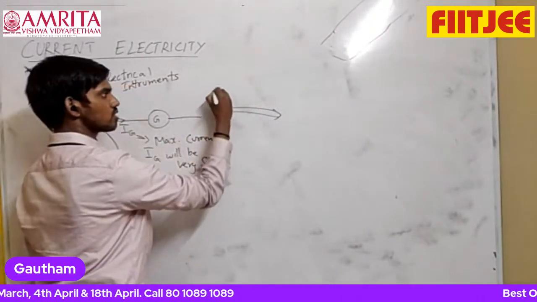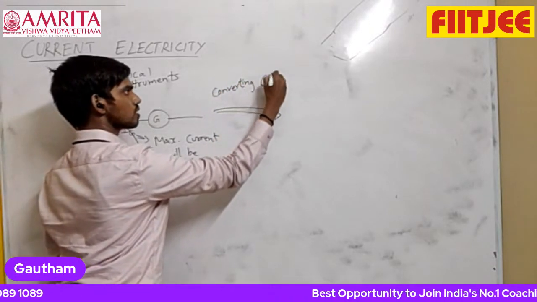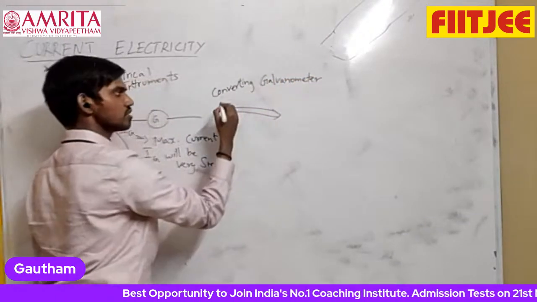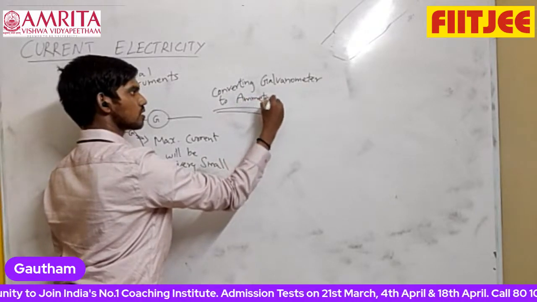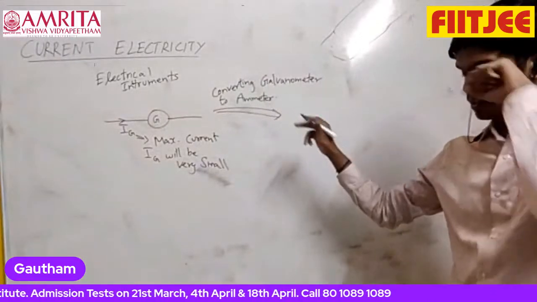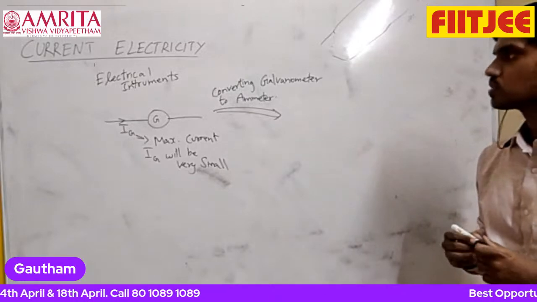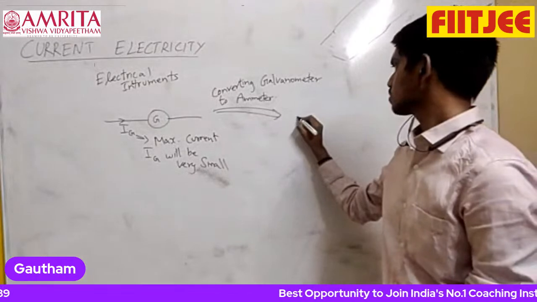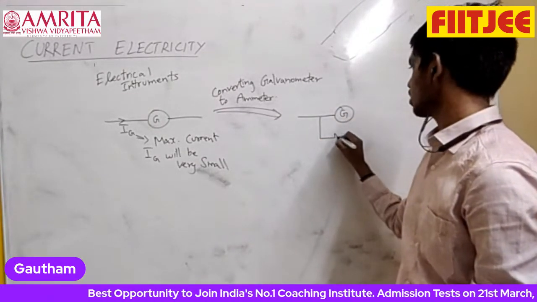So, conversion of galvanometer to ammeter. I'll just give the equation and the circuit diagram and how to remember that. Let's not focus on how exactly the deflection, converting the angle turn, all those things. What you do is you connect a shunt resistance in parallel to the galvanometer.